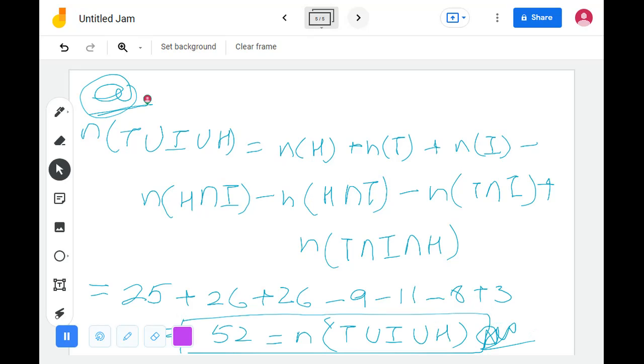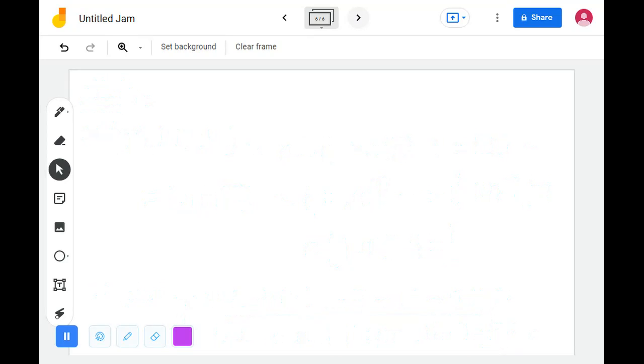Okay, now we are shifting to the B part of this question. B part is a little bit tricky. We solve it through the Venn diagram. In B part we have to find the number of people who read exactly one newspaper. So we try to solve it from a Venn diagram.